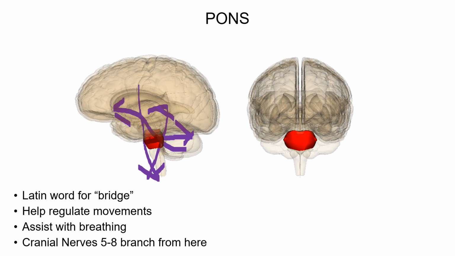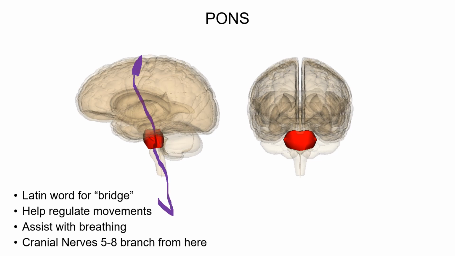As I mentioned, it's going to help with breathing, also going to help with some motor movements, because all of those action potentials that go from that frontal lobe, that precentral gyrus area, that primary motor cortex, guess what? It's got to go through the PONS to get down to the spinal cord. And then at the very end of this chapter, we're going to introduce cranial nerves. And there's 12 pairs of cranial nerves that branch from different structures in your brain and brainstem.